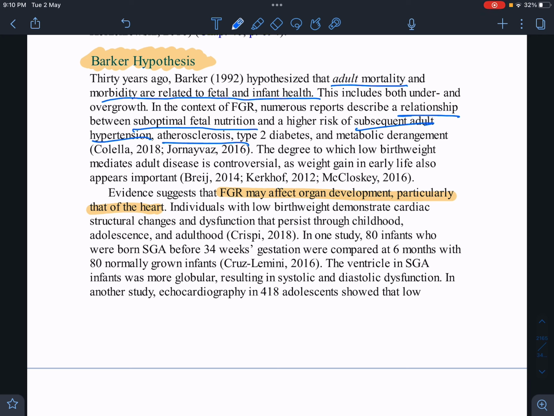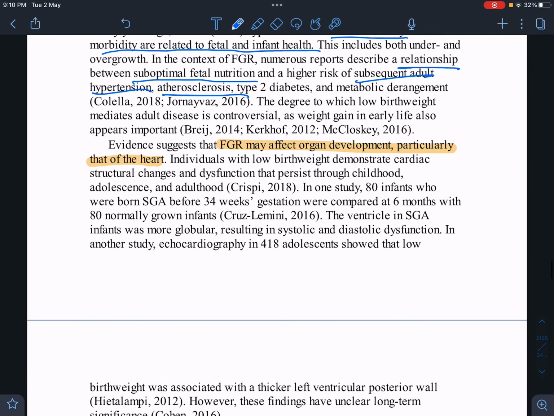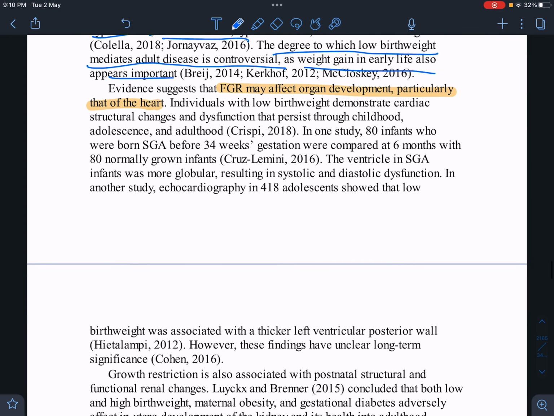So if you were an SGA baby, as compared to babies who were appropriate for gestational age, you're more likely to get hypertension, diabetes, and these diseases. Okay. Now, the degree to which low birth weight mediates adult disease is controversial, because weight gain in early life is also very important in this regard.